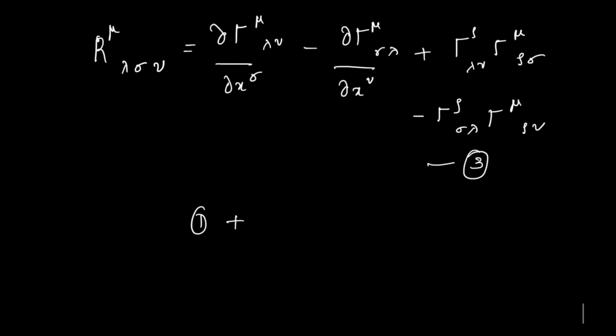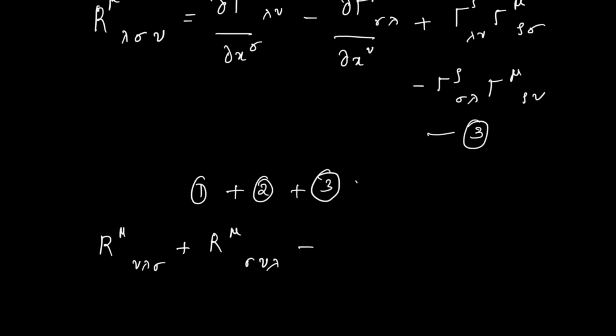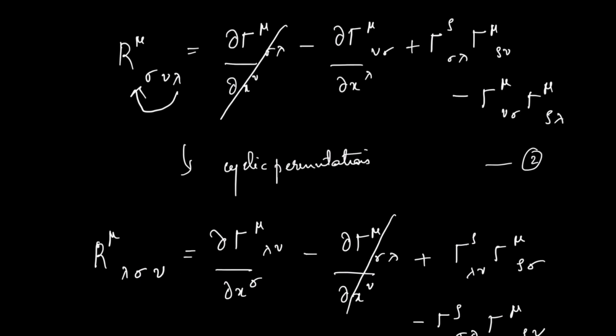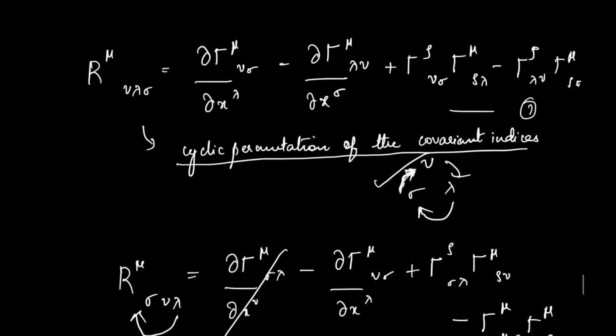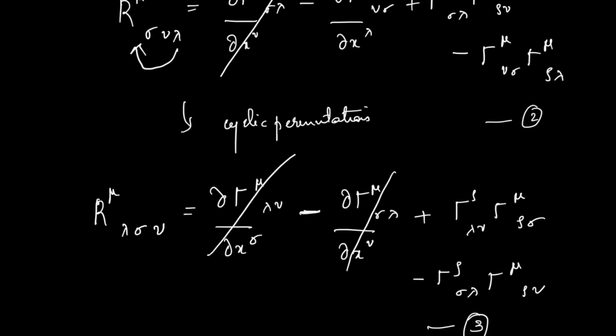Now I add 1 plus 2 plus 3. Then I'll get on the left hand side R mu nu lambda sigma plus R mu sigma nu lambda plus R mu lambda sigma nu is equal to, now on the right hand side, see this term and this term will get cancelled because here there is a negative, and this term and this term will get cancelled.